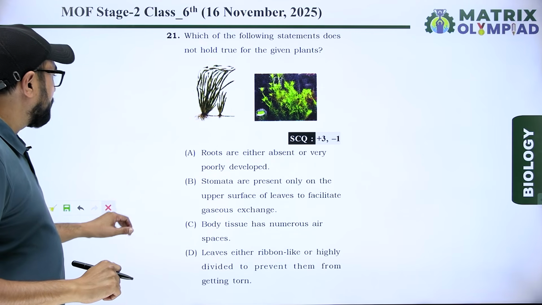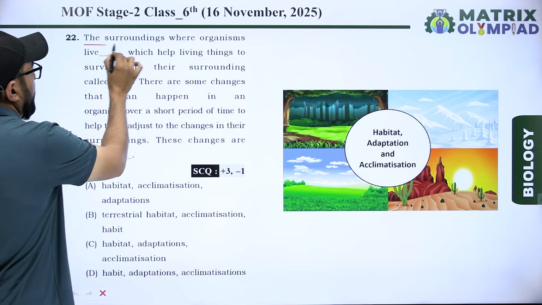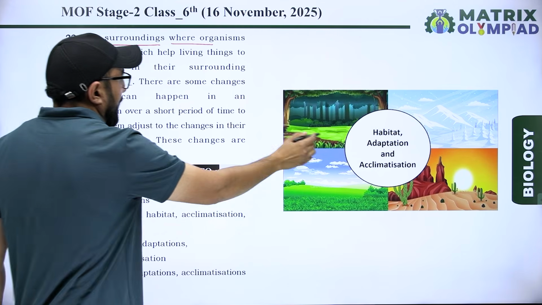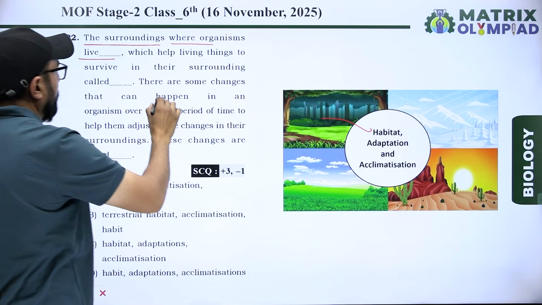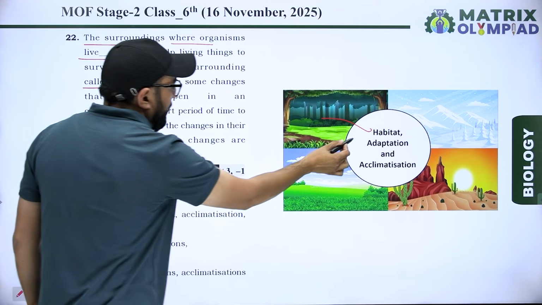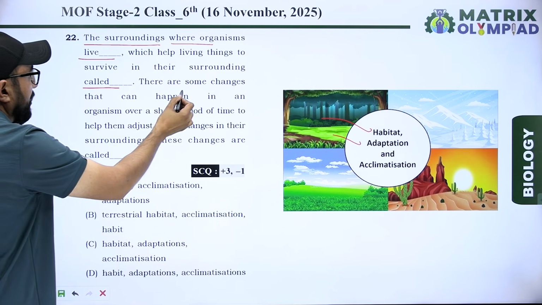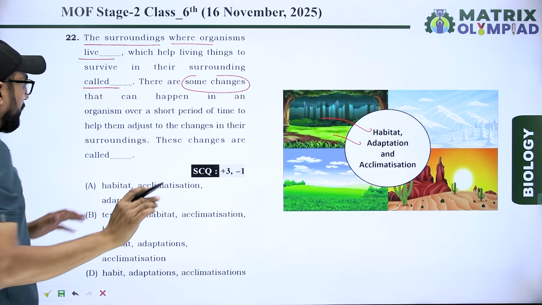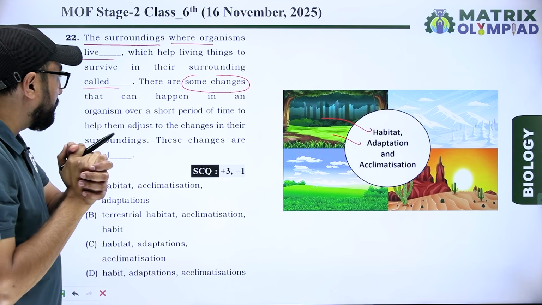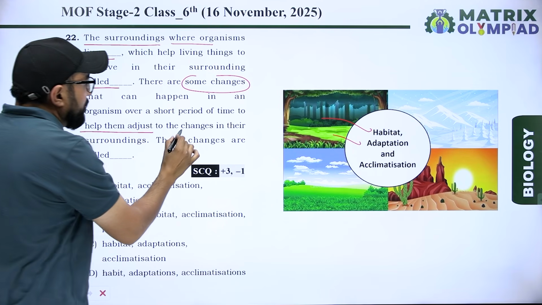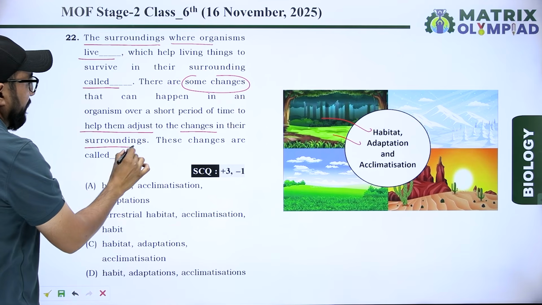Next. The surrounding where an organism lives is called habitat. What helps living things survive in their surroundings is called adaptation. And there are some changes that can happen in an organism over a short period of time that help them adjust to the changes in their surroundings.